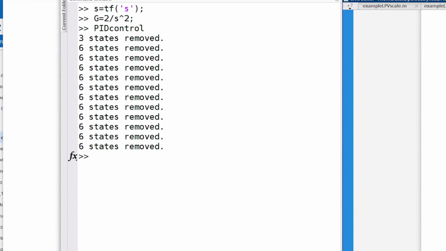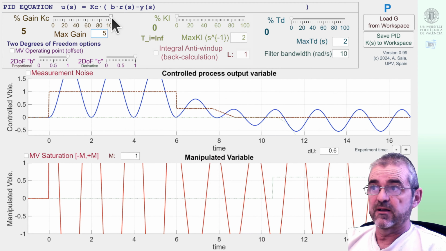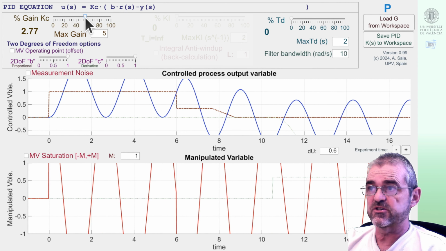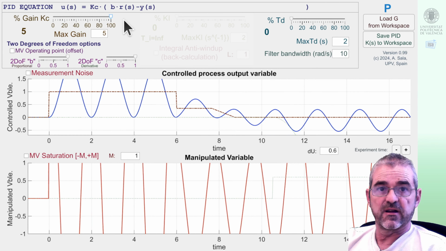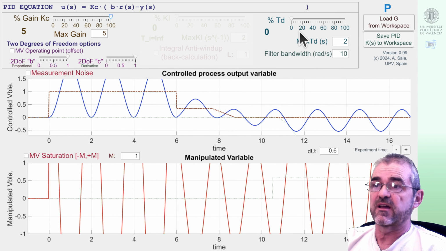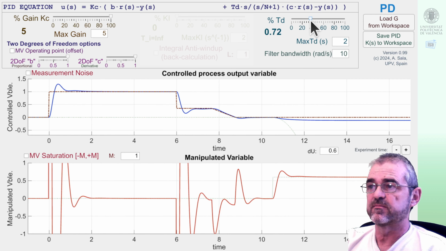In prior videos, by trial and error, we introduced the transfer function into a PID simulator application. Here we have it. And we saw that under proportional control there were sustained oscillations, and the higher the gain, the higher the frequencies, but they were not damped. And if I added some derivative action, then damping increased more and more.